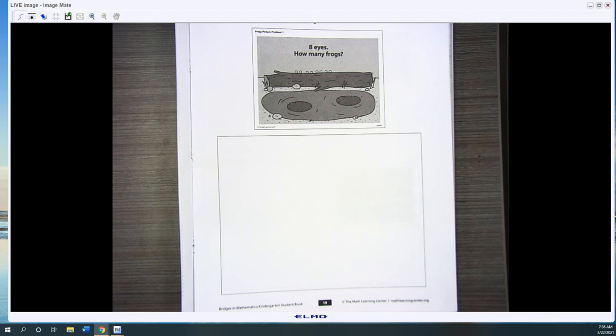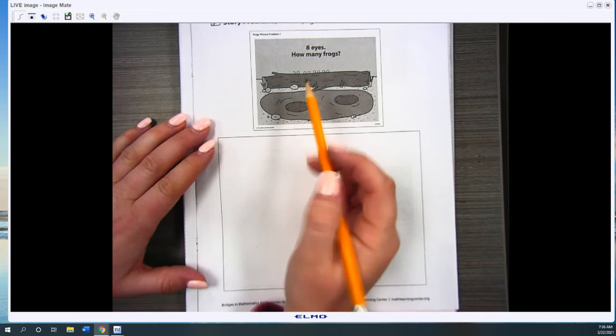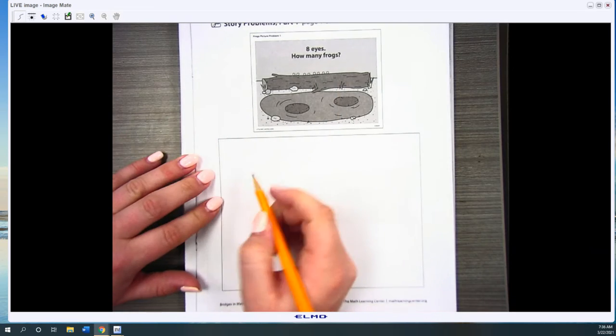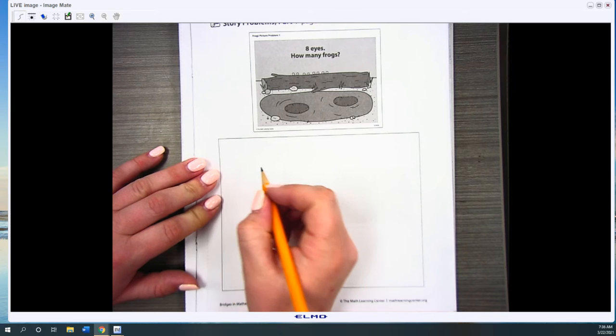So if I was going to solve this problem, there are 8 eyes. How many frogs? So I'm first going to draw 8 eyes.